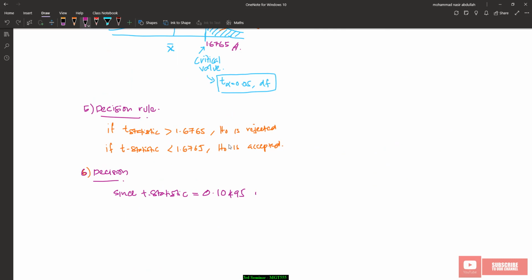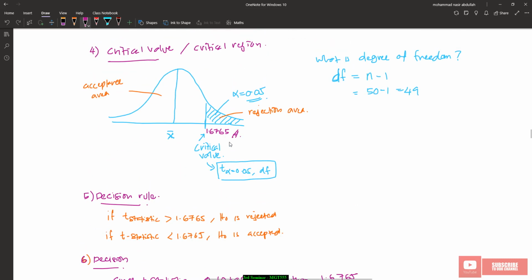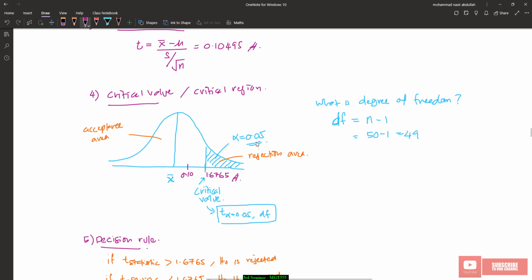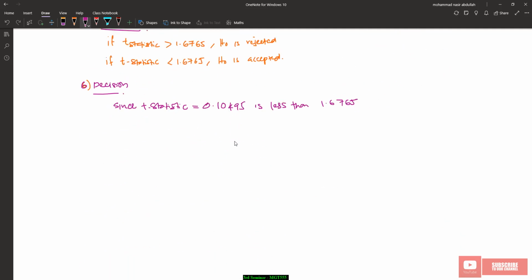Is less than 1.6765. Maksudnya 0.1 ni dia ada dekat sini, somewhere here, 0.106749 kan, dia dekat sini. Maksudnya dia dalam acceptance region, dia bukan dalam rejection region. So, since the T statistic is less than 1.675, we accept the null hypothesis.